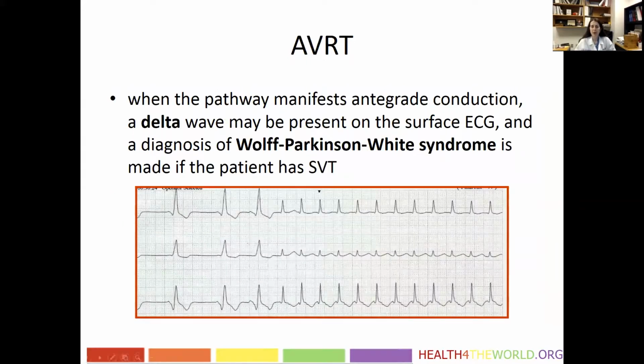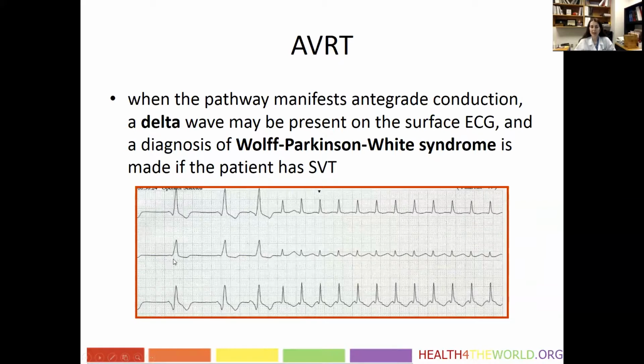This is an example of a Holter monitor that I was reading one day, and we were fortunate for this patient who was getting a Holter monitor for palpitations to capture the onset of the tachycardia. And we can see how we went from this wide, complex, slow rate rhythm to the fast, regular rhythm that we call supraventricular tachycardia.